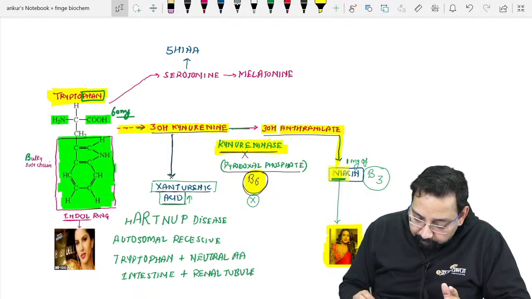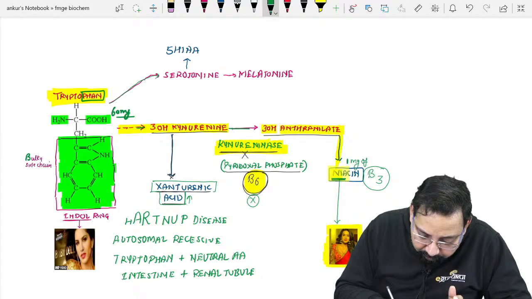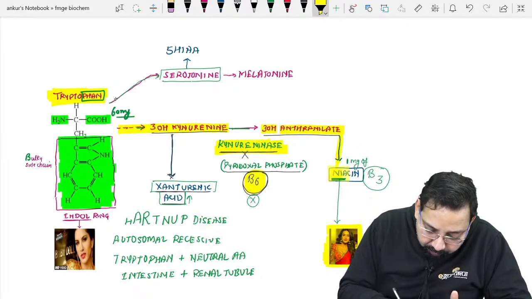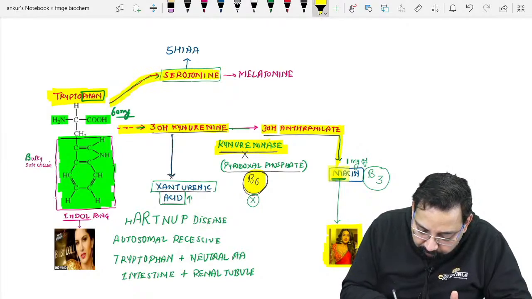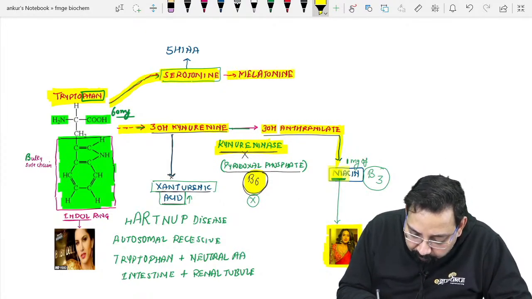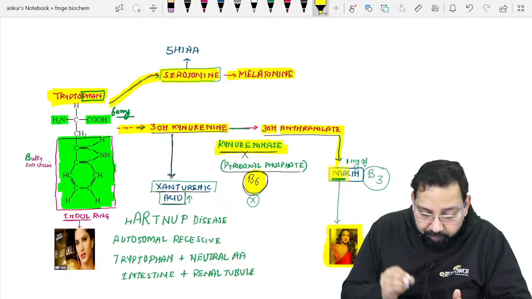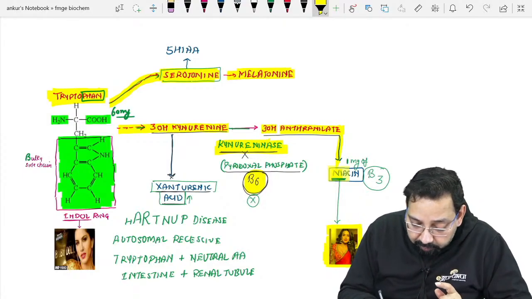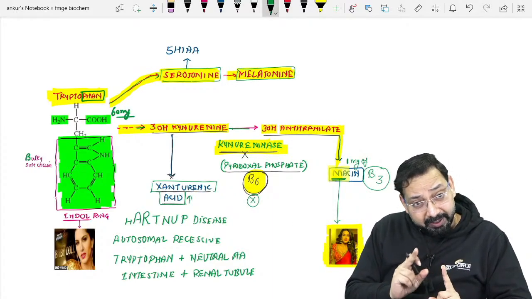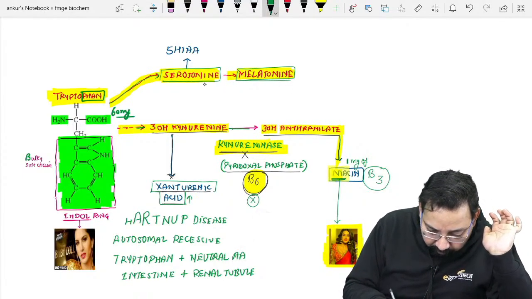We found that normally tryptophan is converted to serotonin. A question is asked: what is the precursor for serotonin? The precursor for serotonin is tryptophan. Serotonin is further converted to melatonin. So the precursor for melatonin is tryptophan. Remember this point. The precursor for melatonin is also tryptophan. Precursor means at the level of amino acid. So serotonin, melatonin, tryptophan.